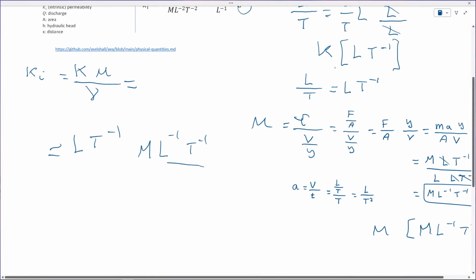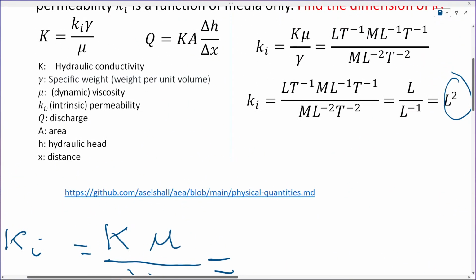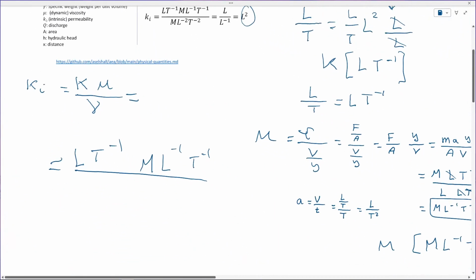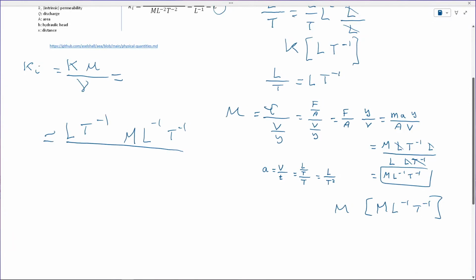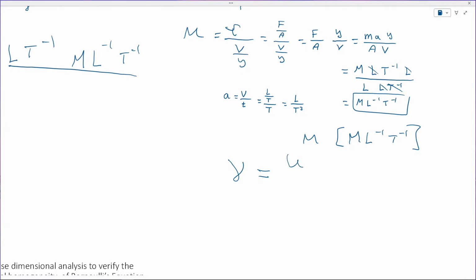And then what is this? As you can read here, it is specific weight per unit volume. So let's do it. This is weight, a force, or you can write it as weight per unit volume. And what is weight? Weight is force, m g over V, where V is volume here, not velocity.